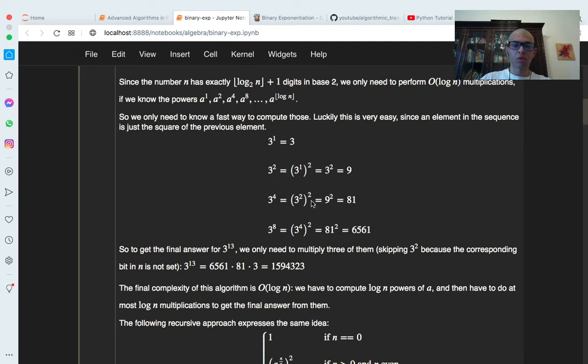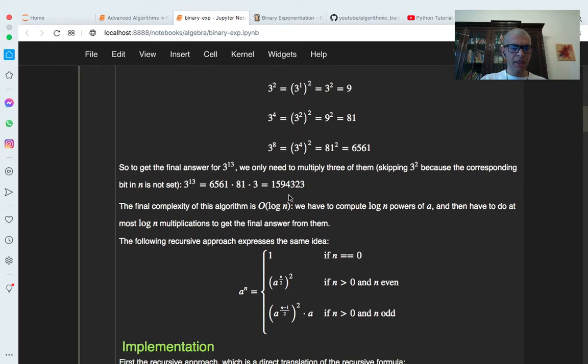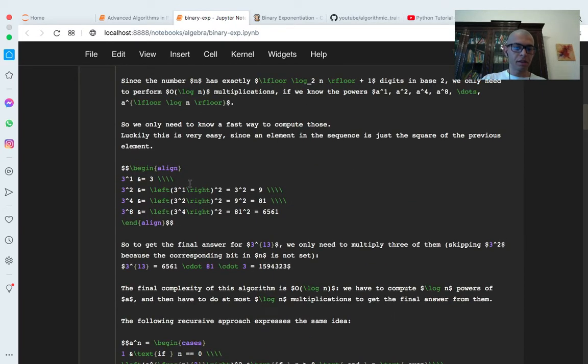So 3 squared, all squared, is 9 squared, which is 81. We had 9 and squared it. We do just one multiplication because we have both values, and we get 81. We plug this 81 into the other one and square it again. It's just one operation, 81 times 81, and not some bigger operation like 3 to the power 8, which would be 3 times 3 times 3 times 3 times 3. And here we can see that this is the same way.